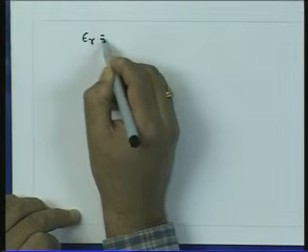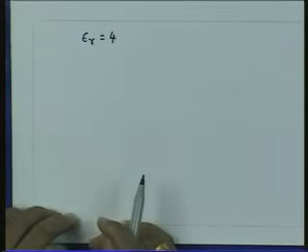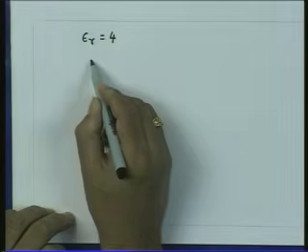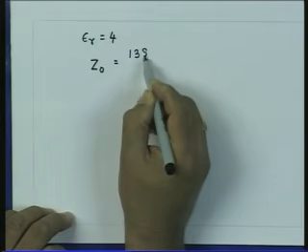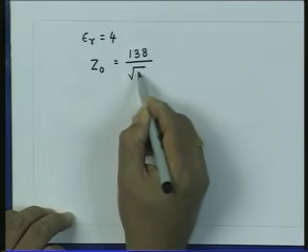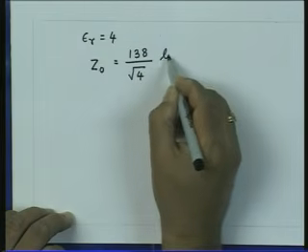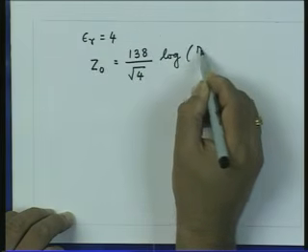If I now take some typical value, just to get a feel for what kind of parameters are required to realize certain characteristic impedances, let me take, just for simplicity, epsilon r equal to 4. So the Z0 for this coaxial cable will be 138 upon square root of 4 times log of D upon d.